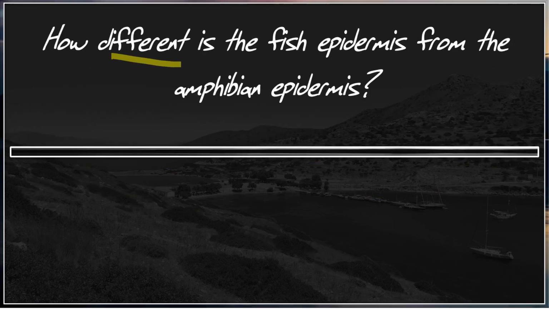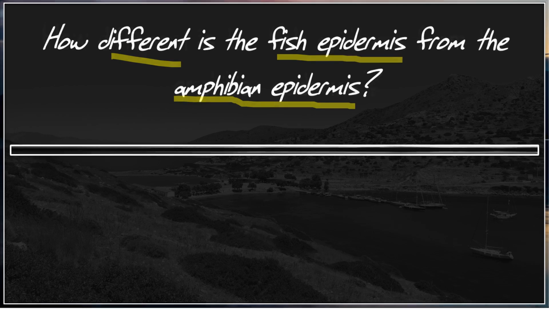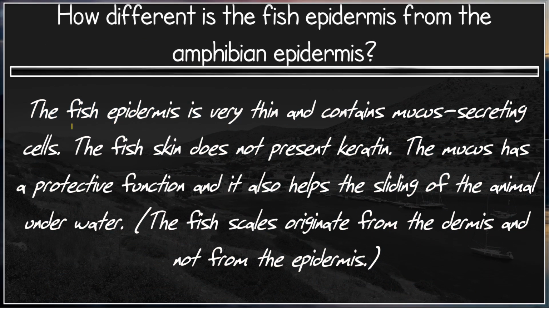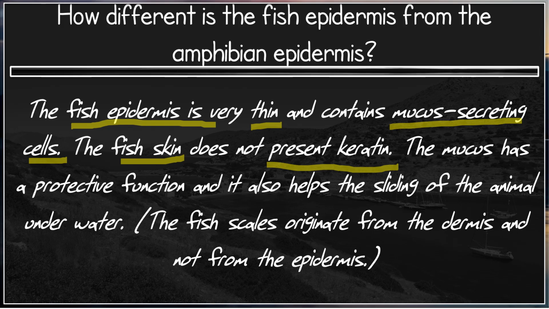How different is the fish epidermis from amphibian epidermis? The fish epidermis is very thin and contains mucus-secreting cells. Fish skin does not present keratin. Mucus has a protective function, and it also helps the sliding of the animal underwater.